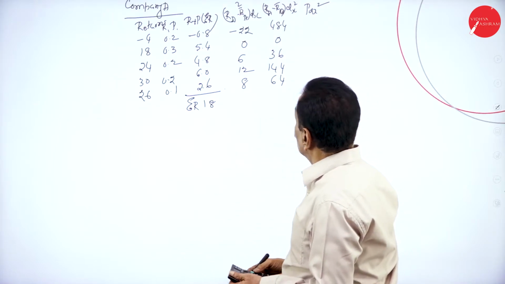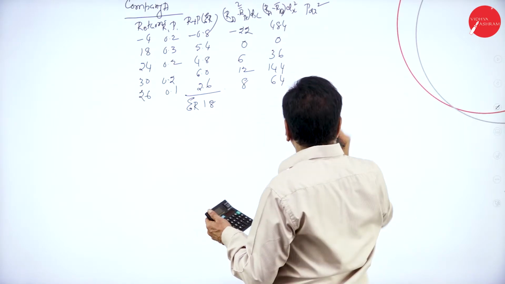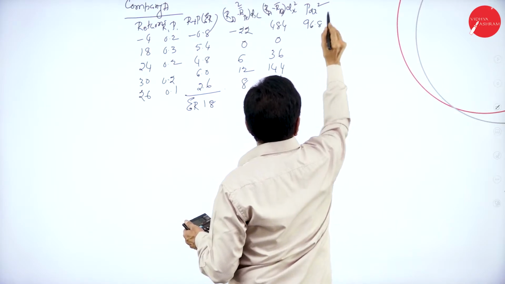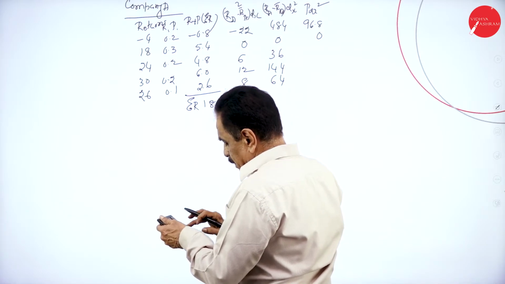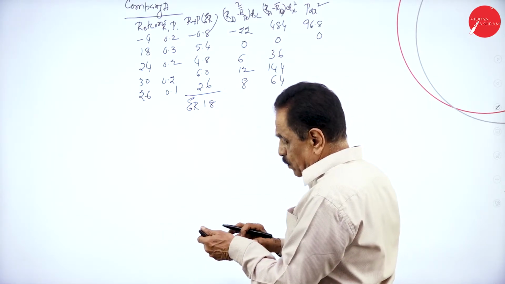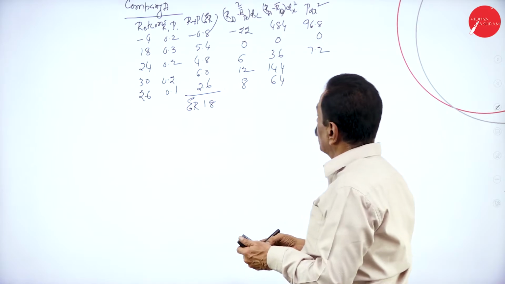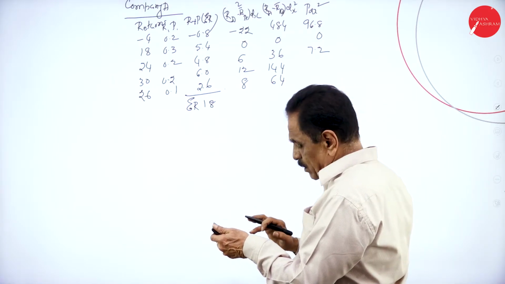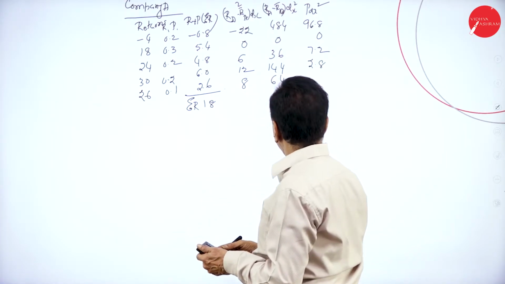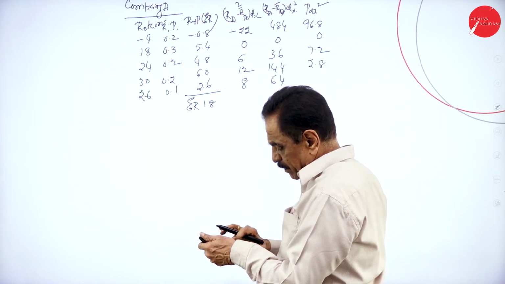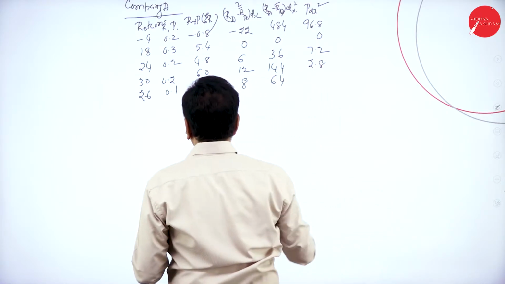Then multiply P by dx square. 484 into 0.2, 96.8. Then 0. 36 into 0.2, 7.2. 144 into 0.2, 28.8. 64 into 0.1, 6.4.